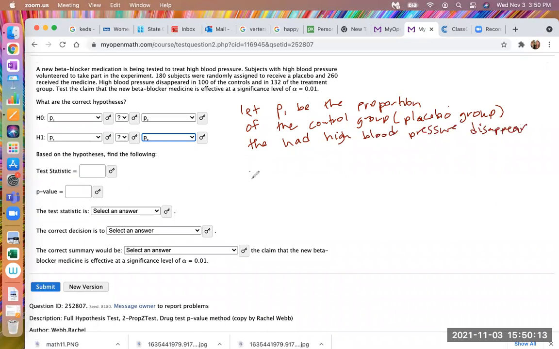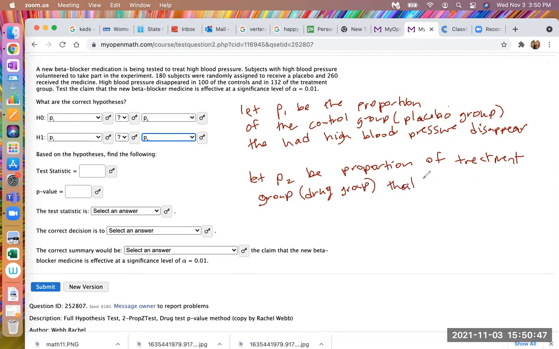Okay, and then you let P2 be the proportion of the treatment group. That's the ones that are taking the drug, the drug-taking group, right? That had the high blood pressure go away.